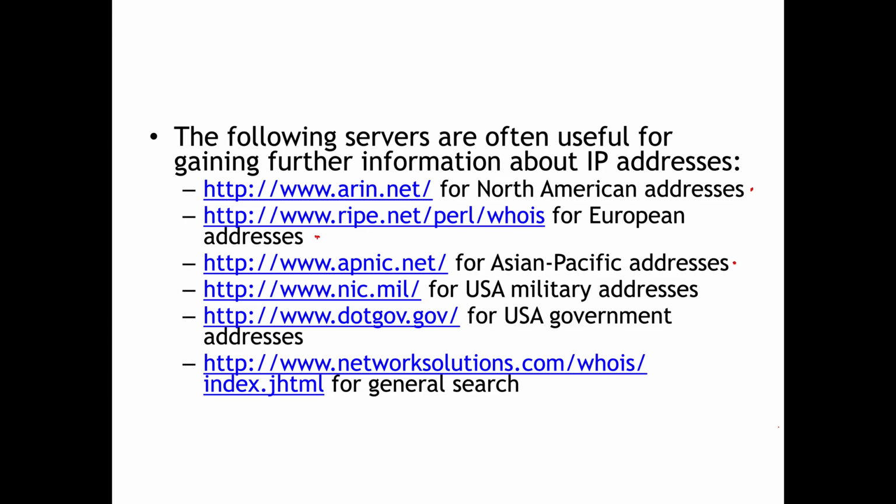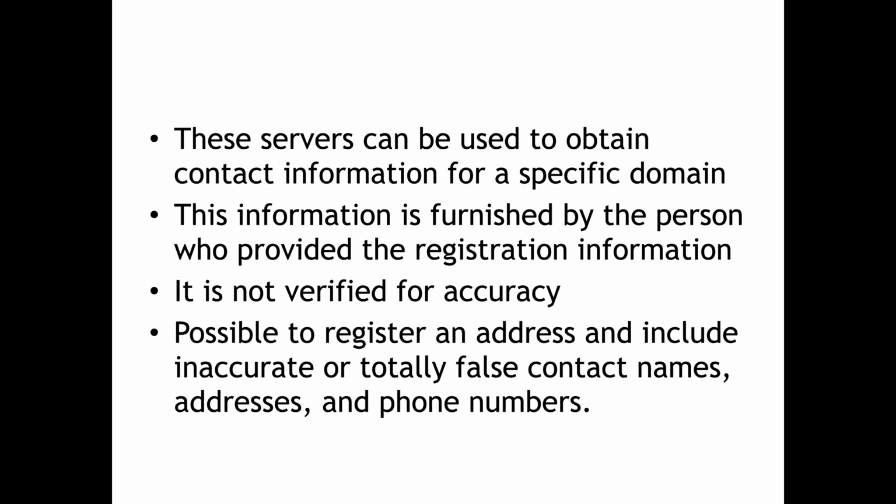APNIC, US military, .gov. Okay, all .gov addresses belong to the United States government. And for Whois searches, you can do that off of Network Solutions. So you can obtain an awful lot of information from those particular servers.